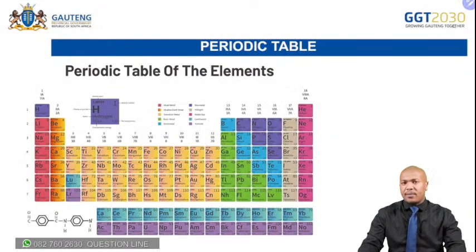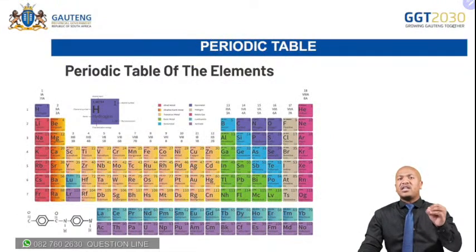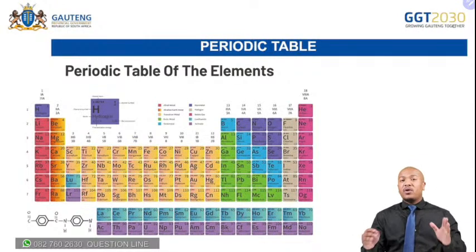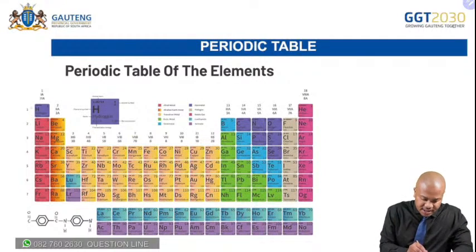Let's look at the periodic table and think. Let me remind you. We said that on the periodic table, we find metals, non-metals, and semi-metals. We said your metals are found on the left-hand side of the periodic table, which is this part here.